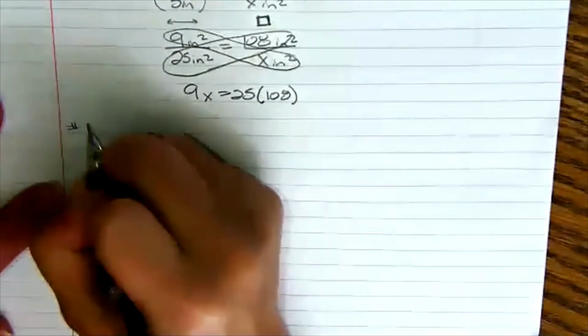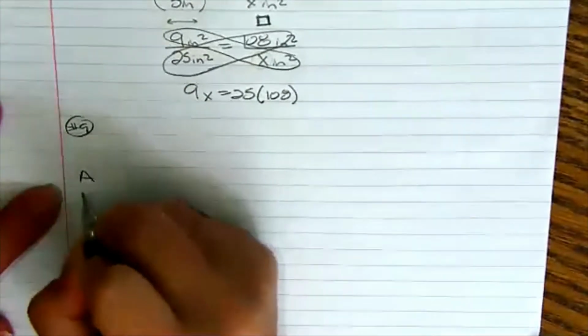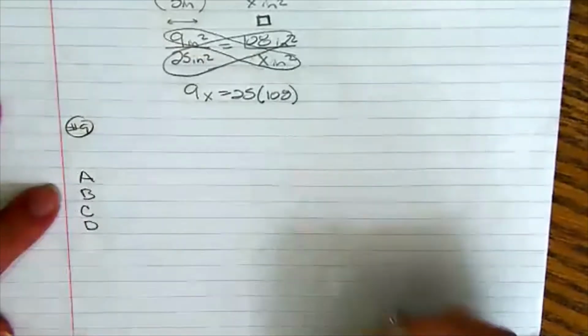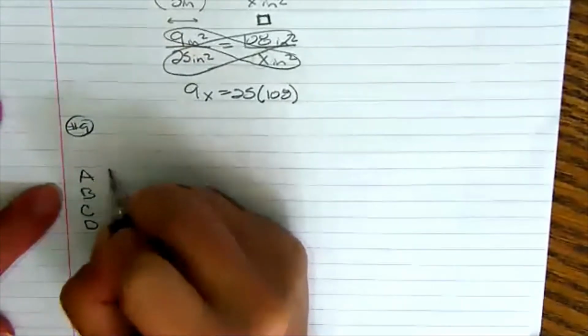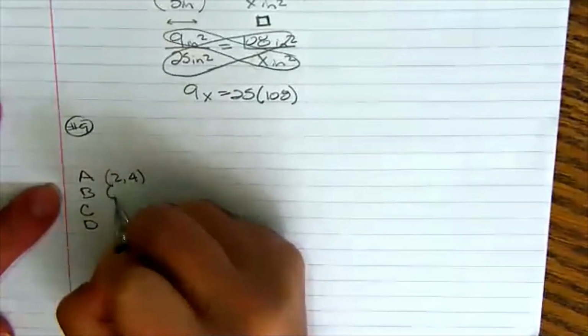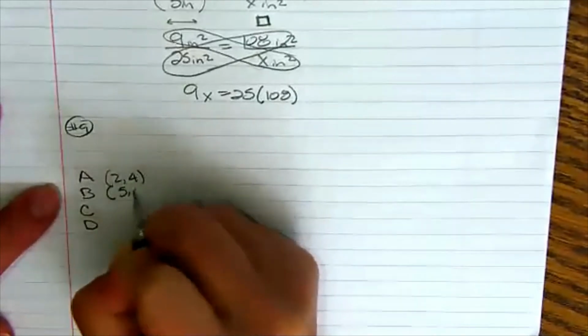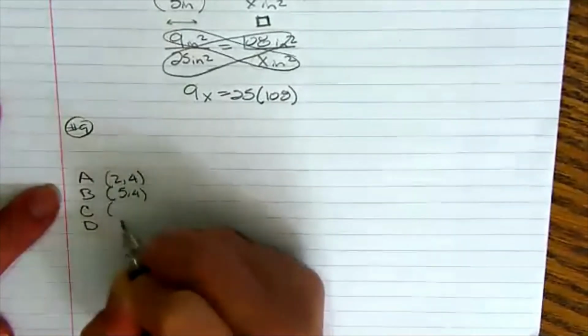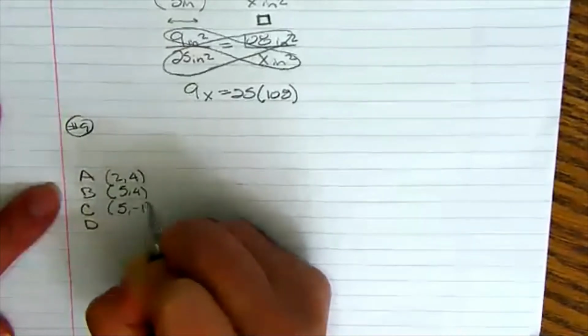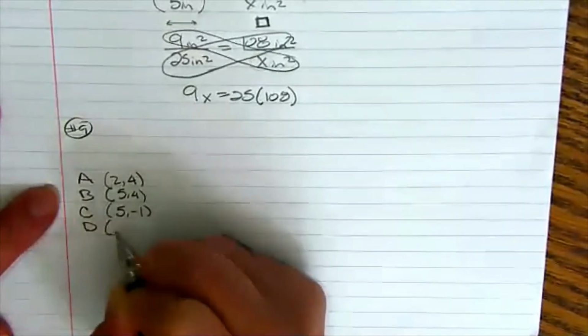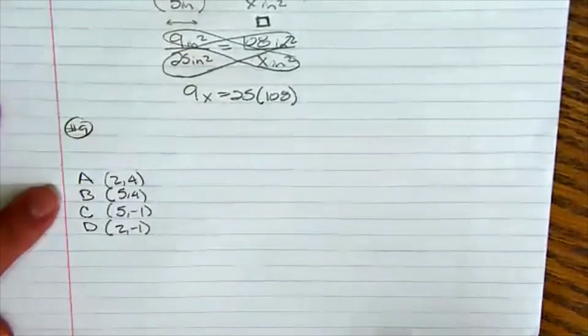So this is number 9. We have our vertices. A is 2, 4. B is 5, 4. C is 5, -1. And D is 2, -1.